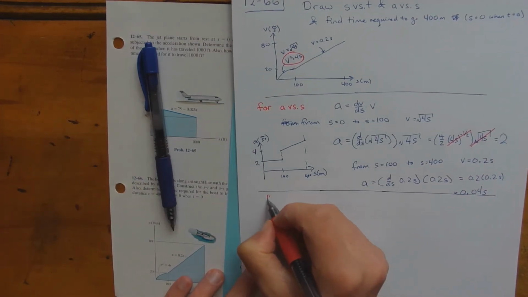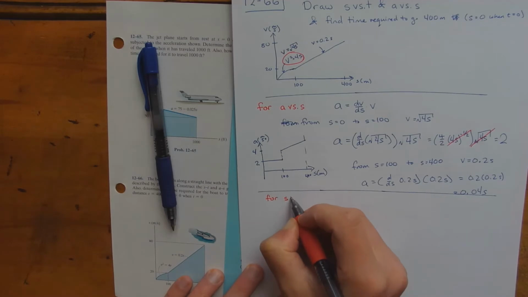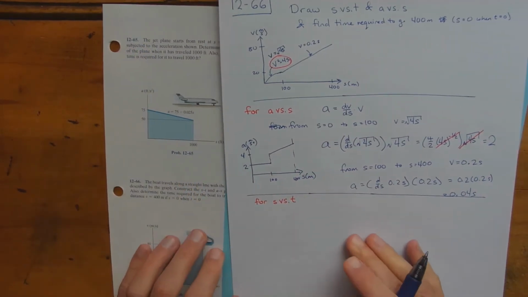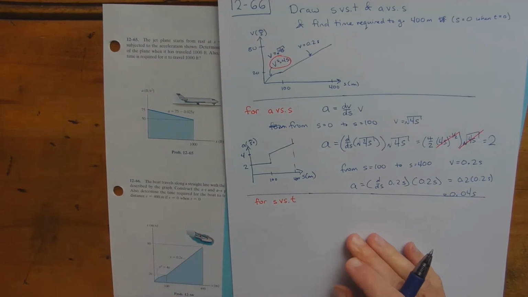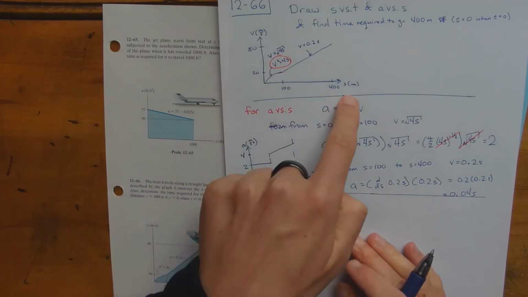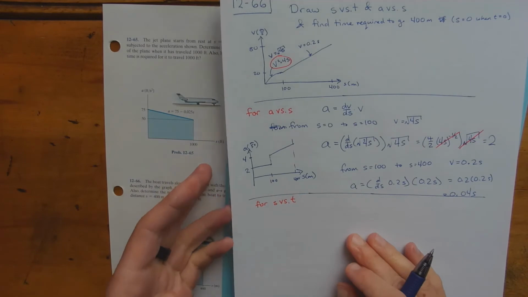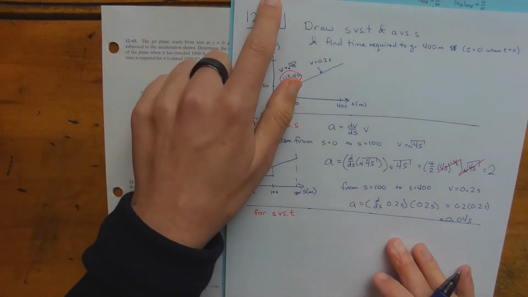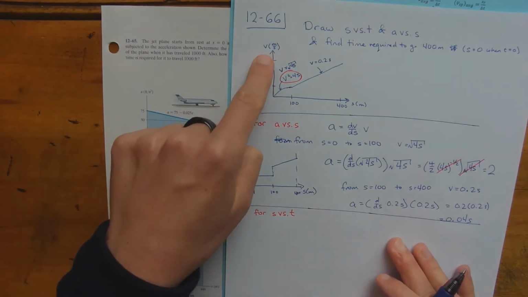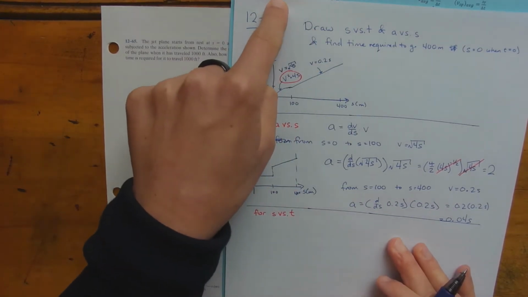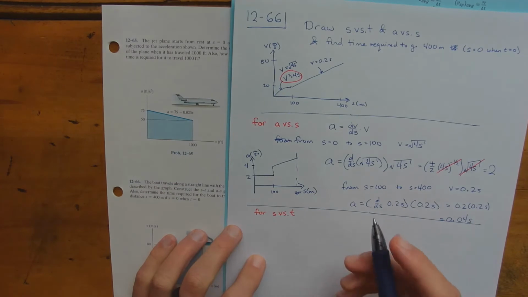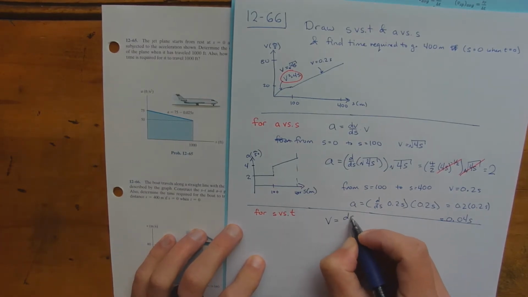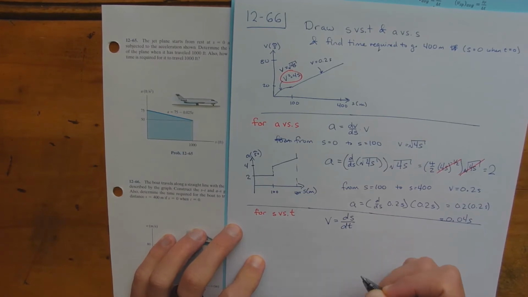Now we want position versus time. So we have velocity versus position, but I want position versus time. So I'm going to use this equation here because I have information about velocity and position, and I want information about time. So using equation 12.1, we have v is equal to ds/dt.